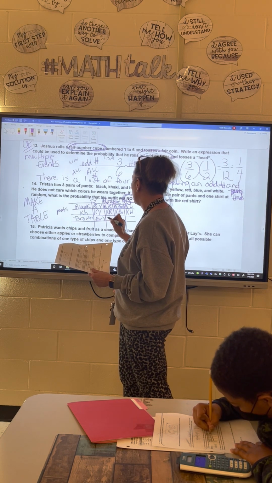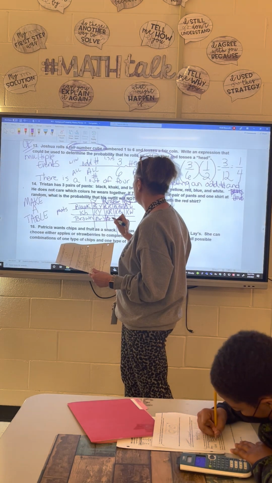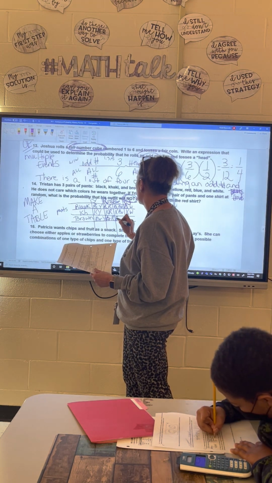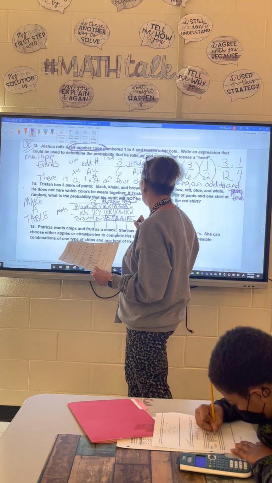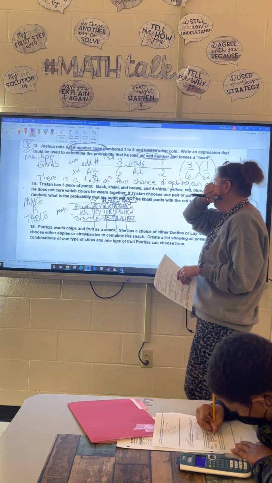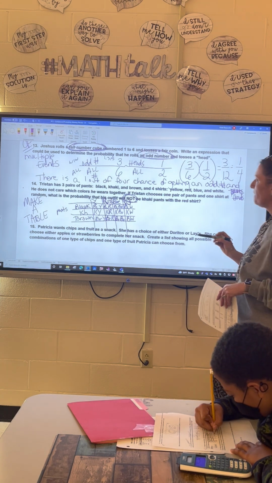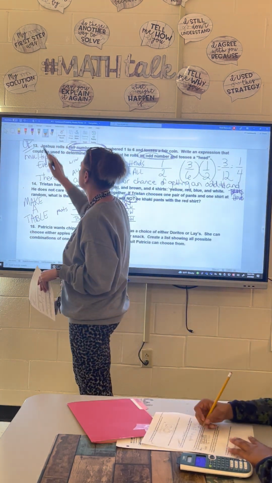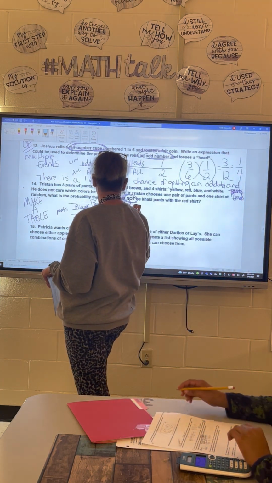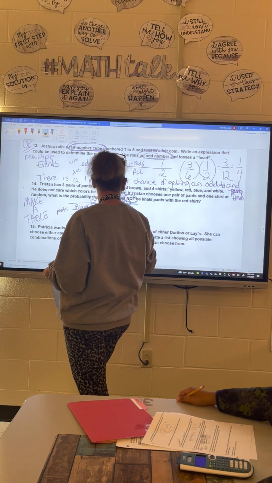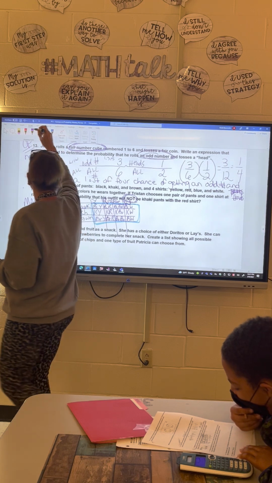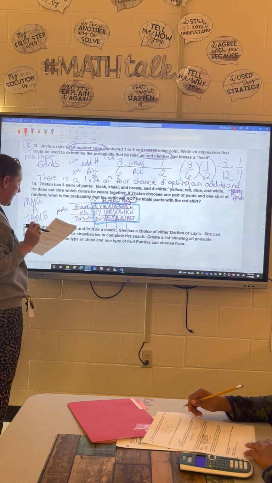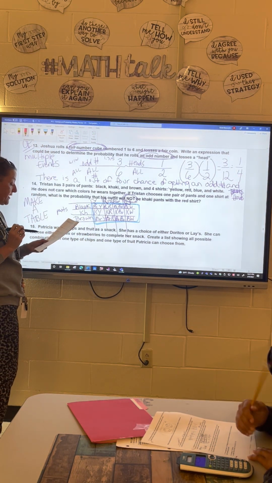Brown, yellow, brown, red, brown, blue, brown, white. My combinations are inside this box. And I want to know what is the combination.